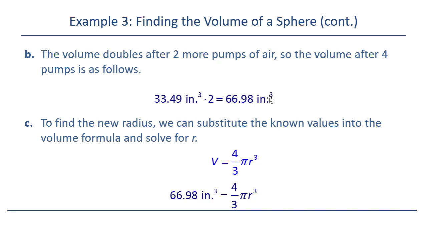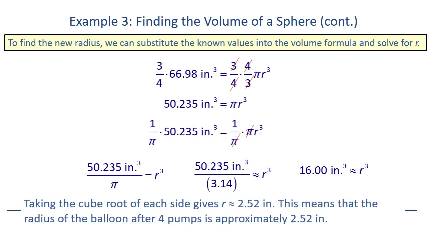To find the new radius, we have to solve backwards with our formula, right? We set 66.98 inches cubed equal to this and solve for r. So the first thing we want to do is get rid of the fraction. We multiply both sides by 3/4, which gives us 50.235. Then we divide both sides by pi to get rid of the pi.